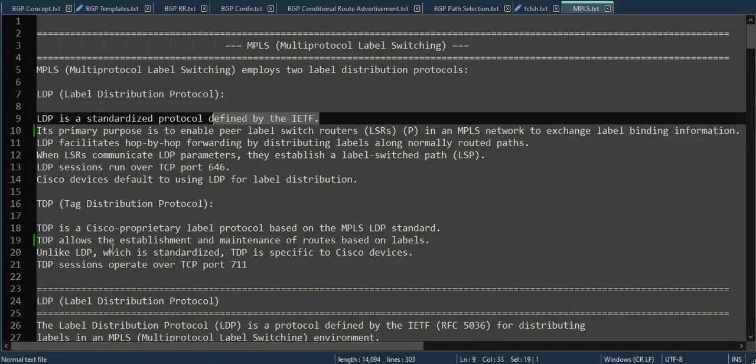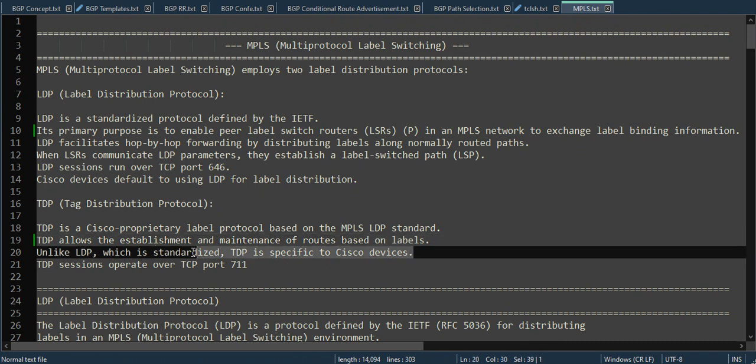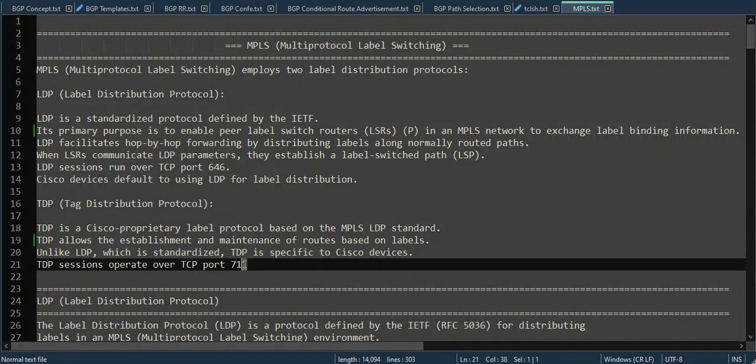TDP allows the establishment and maintenance of label-based routing, and unlike LDP, which is standardized, TDP is specific to Cisco devices. And TDP sessions operate over TCP port 711.